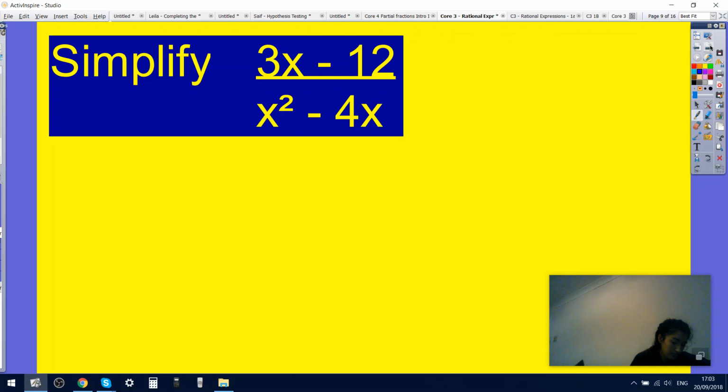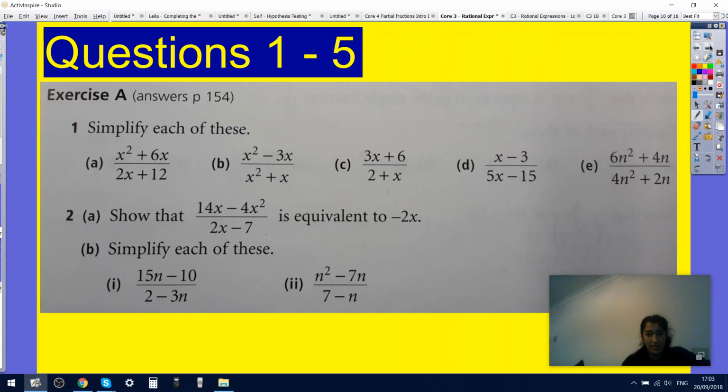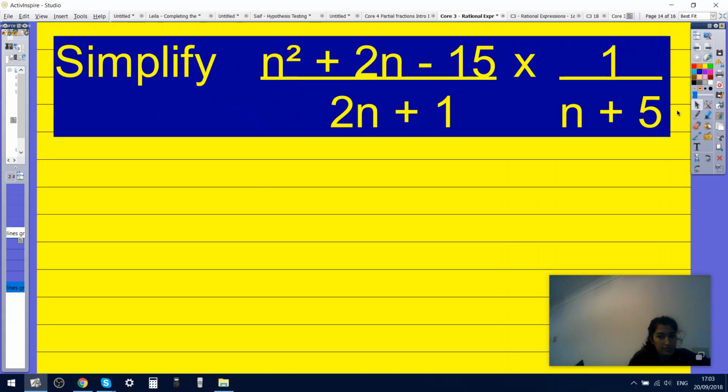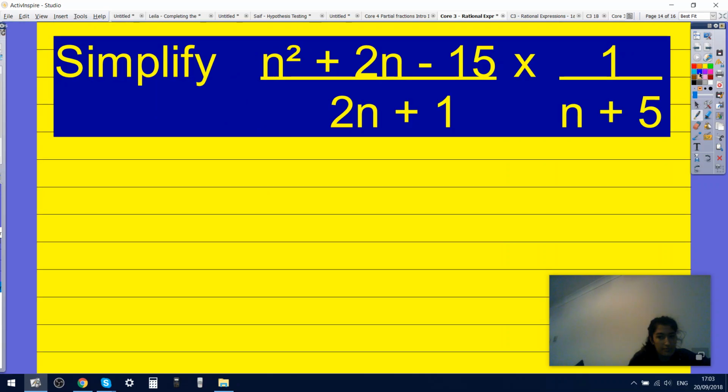How would you do this one? No, too easy. Yeah. Fine. Okay, let's try this. Multiplying. So n plus 5, n minus 3. And then the bottom is, let's just keep it with 2n plus 1 for now.